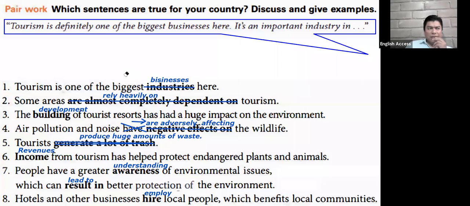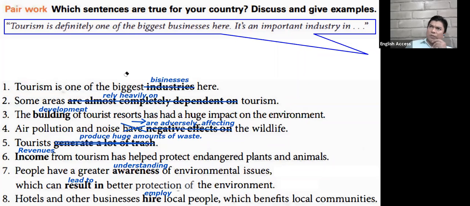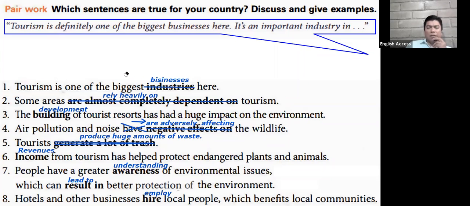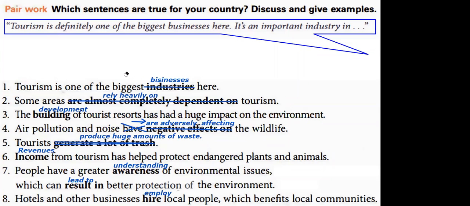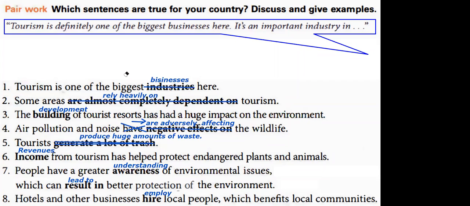When the tourist is here, we have a lot of what? Trash in the beach. Ah, but the tourist in singular or in plural? Tourists, plural. When the tourists are here, there is a lot of trash. I know. Yeah.